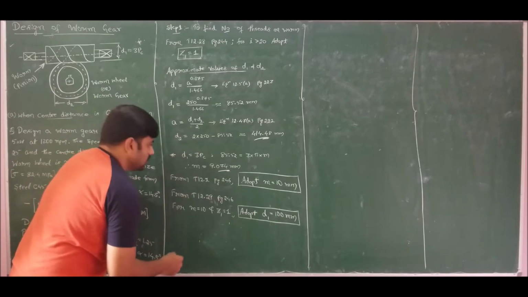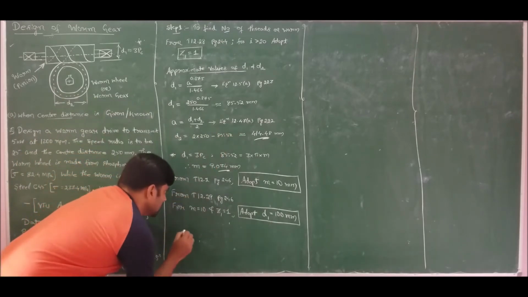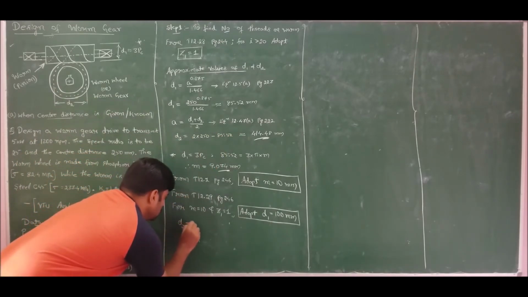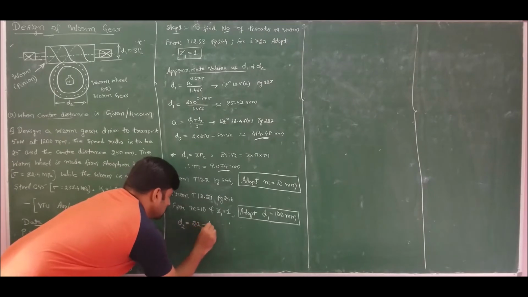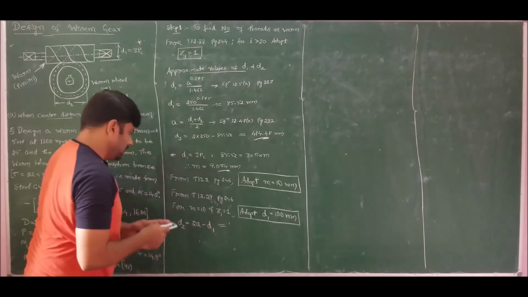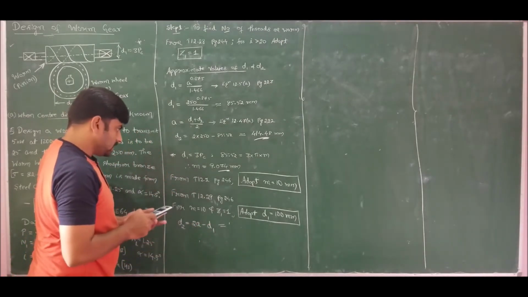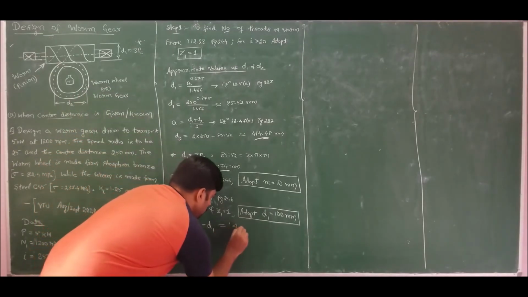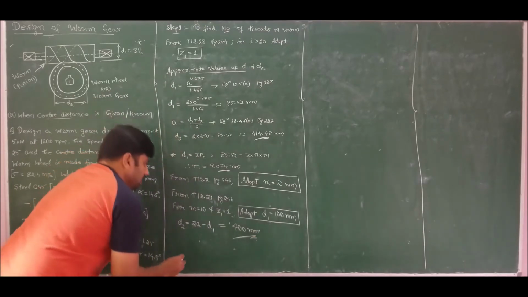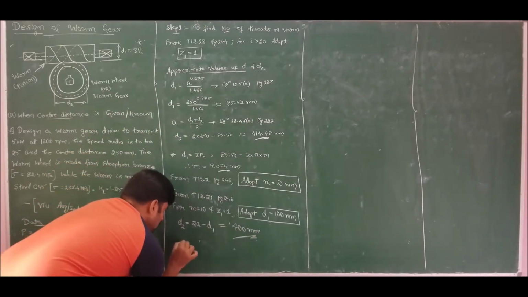Now coming to D2, by using the center distance equation, D2 is equal to 2 times the center distance minus D1. So D2 will be 500 minus 100, which is nothing but 400 mm for this problem. Now I can find the value of Z2. We know that Z2 is equal to I times Z1.